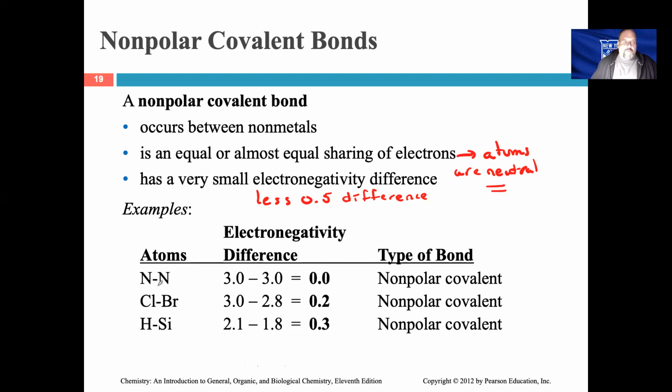Some examples of that would be a bond between chlorine and bromine, where the electronegativity difference is 0.2, 50-50 sharing of electrons. The atoms are technically neutral. H-S, where the electronegativity difference is 0.3, 50-50 sharing of electrons, the atoms are technically neutral. I also want to point out carbon to hydrogen, where the difference in electronegativity is 0.4.